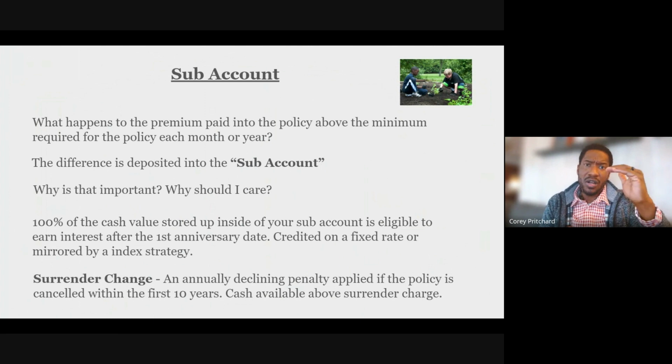The surrender charge is calculated, and then it decreases every single year all the way down to year number 10, and then it's zero and there's no surrender charge. As long as the money inside your sub account exceeds the surrender charge, then you can actually access it. We can talk about how you can access it, but the beauty is that you can access it.